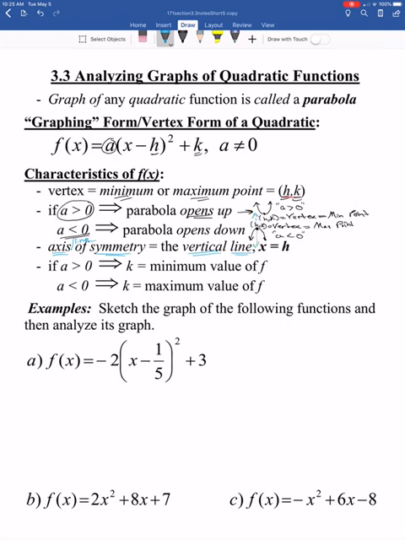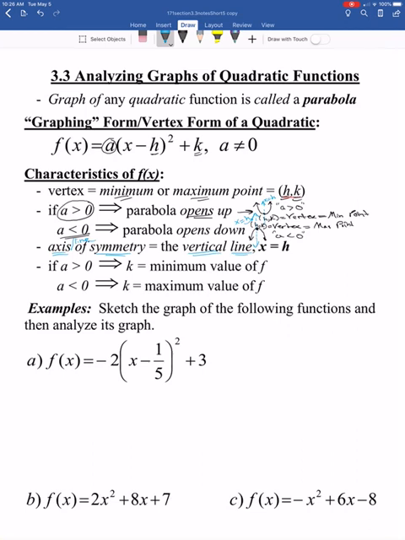We would draw a vertical line passing through the vertex. So that line, which is the line x equals h, is our line of symmetry. So you see it here on both graphs. There's x equals h. So that's the line that splits that parabola into two equal parts. It creates symmetry, right? It's symmetrical to that line.